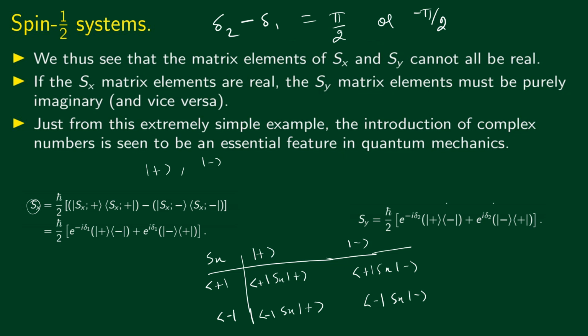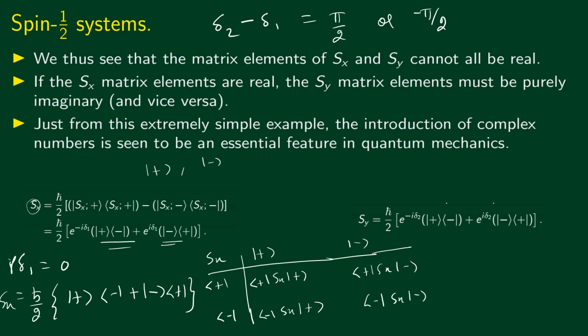Now suppose this delta 1 is 0. Suppose we can choose this delta 1 to be 0. If delta 1 is 0 here, then all these are real. So if delta 1 is 0, then Sx becomes h bar by 2 times ket plus bra minus plus ket minus bra plus. This is operator Sx if delta 1 is equal to 0.